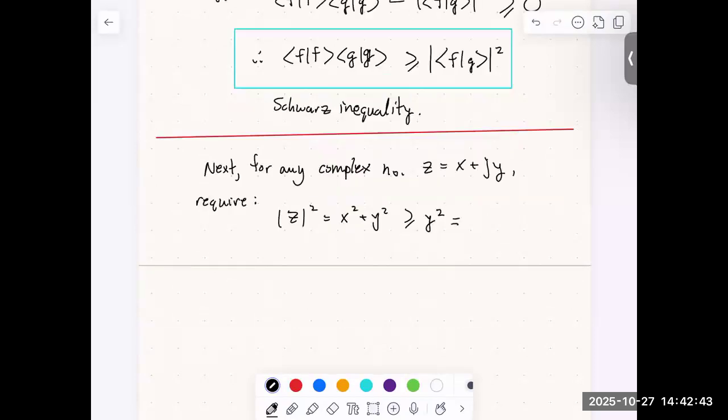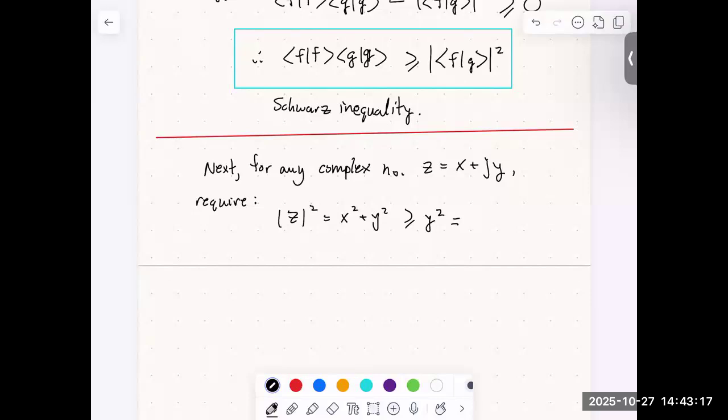But we can write y squared in kind of an interesting way. Let's imagine I took z and added to it its conjugate. So that would be x plus jy plus x minus jy. And the jy's would cancel. That would just be equal to 2x. What if I did something different? What if I took z minus its conjugate? I'd get x plus jy minus x plus jy.